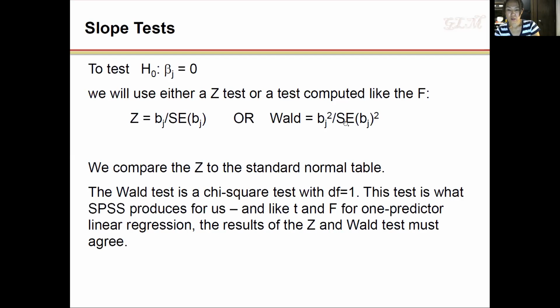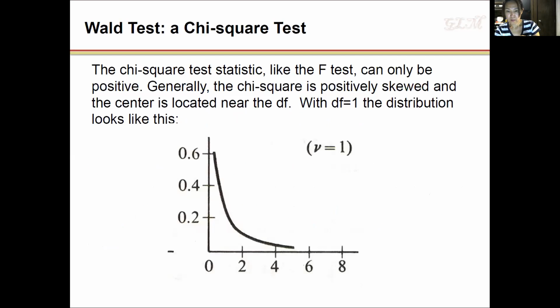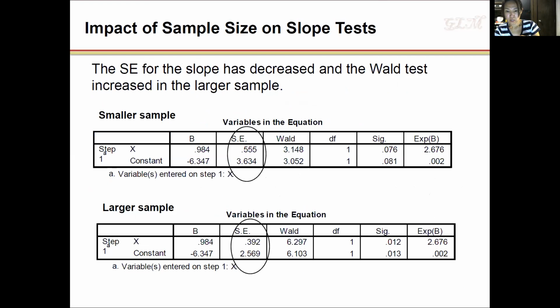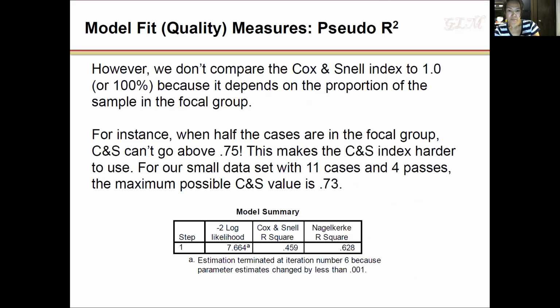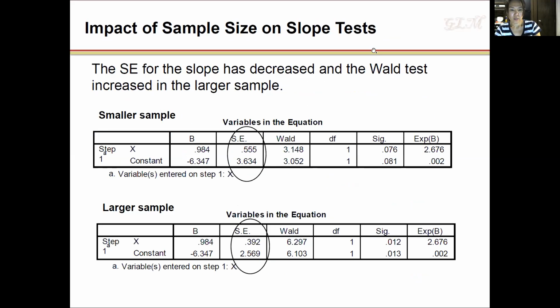If the denominator is large, the entire number is small, and if it is small, it's less likely to reject the null hypothesis. So a small sample size means you are less likely to reject the null hypothesis.